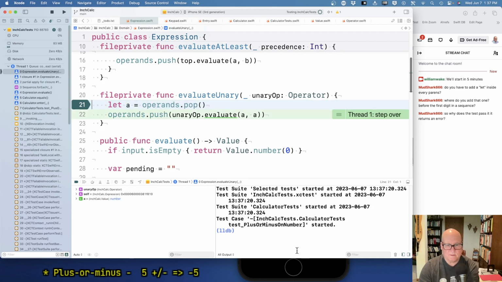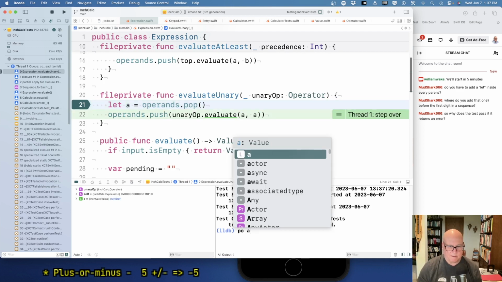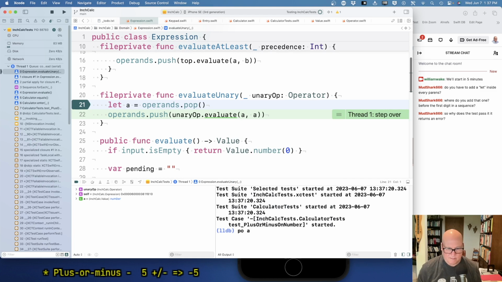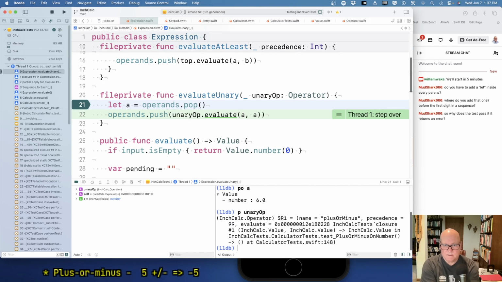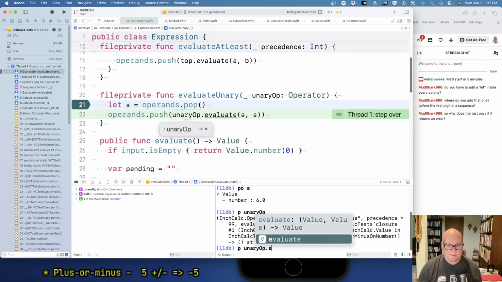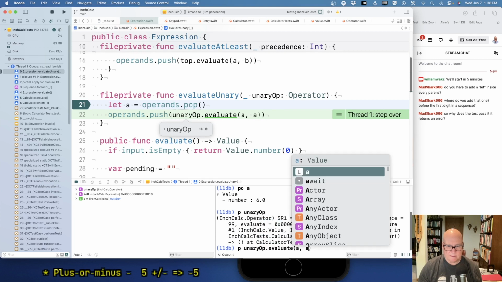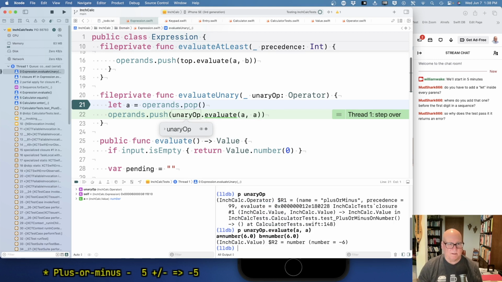Step over, and now we should be able to print A. Should be 6. Okay. Print unary op, it should be our plus or minus thing. Okay. And it should ignore. If I say unary op dot evaluate AA, should be number 6.